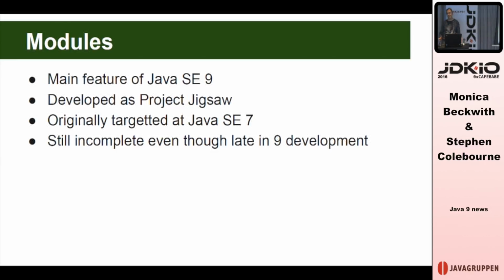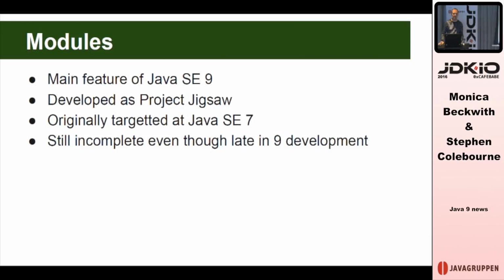So modules, it's this funny feature. It was meant to be in Java 7, then it was meant to be in Java 8, and now it's in Java 9. And as of yesterday, the Java 9 schedule slipped for the second time in order to fit modules in.